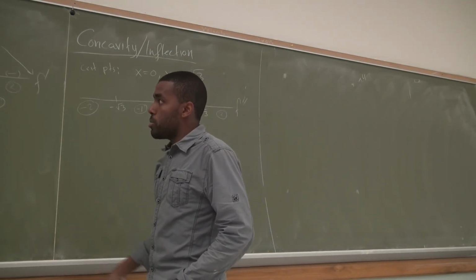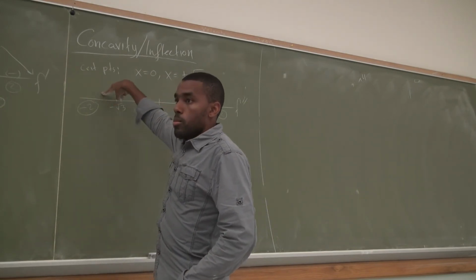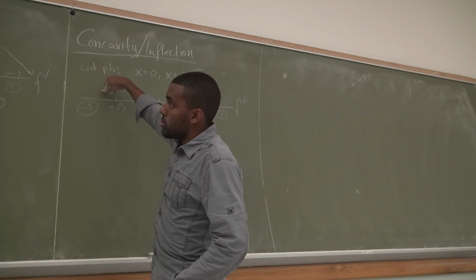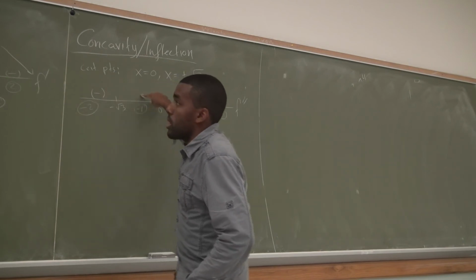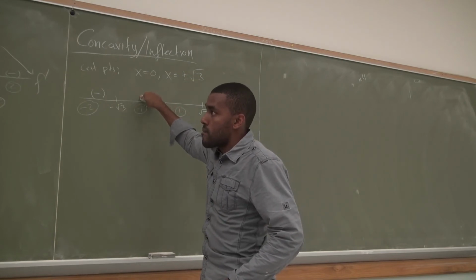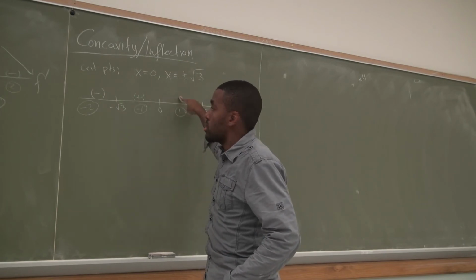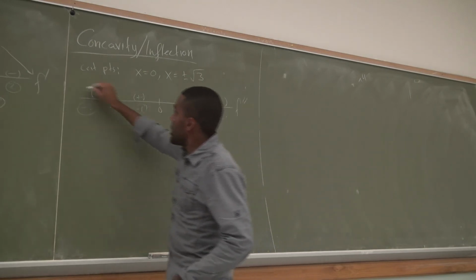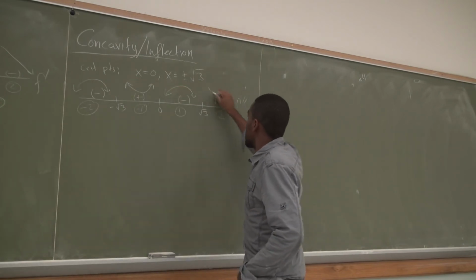Again, the denominator is always positive. Positive or negative here? It's positive? Negative. Plug in -1, positive or negative? It's positive. Plug in 1. Plug in 2. That's positive. So here, concave down, concave up, concave down, concave up.